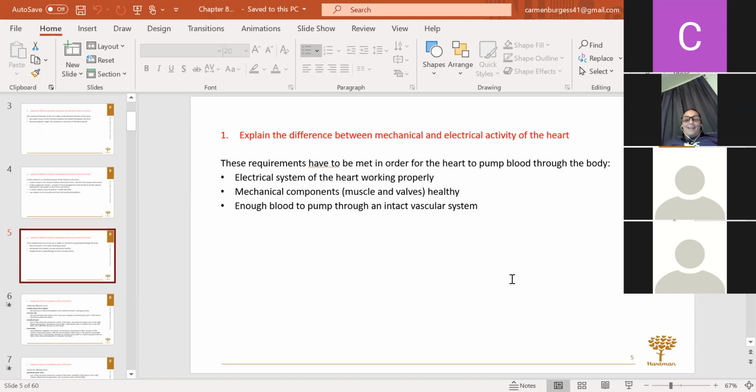See, you're defeating yourself. You just told me the muscles and the valves are the mechanical parts, right? They have to work. So the vessels are the electrical part? The vessels aren't in your heart, are they? They're only on the outside, your coronary arteries.